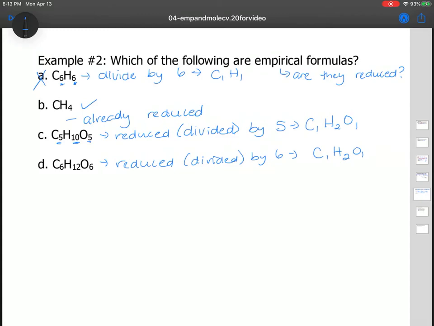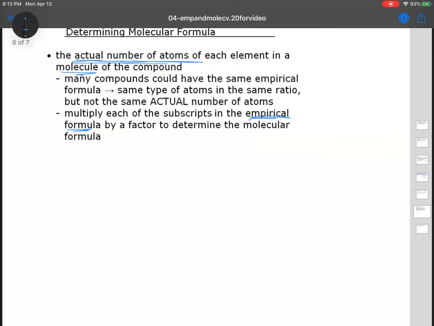And you'll notice when we did ribose and glucose, you could divide by the same factor. So what you're going to do is figure out this factor in order to get to the molecular formula. So you have to be given two pieces of information, or sometimes it'll say part A, percentages, find the empirical formula, and then part B will be, if the actual weight is this, what's the molecular formula?